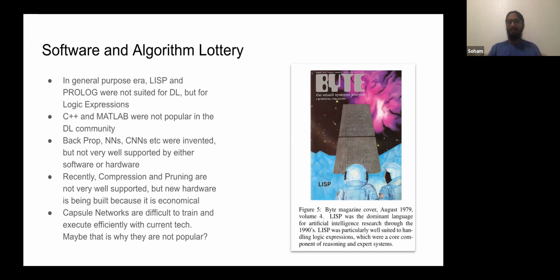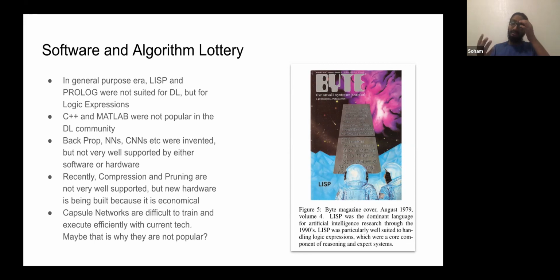They were more suited for logic expressions and for solving symbolic AI problems. So that's also another reason why neural networks were not popular at this time, even though they were invented and all the algorithms were already there.